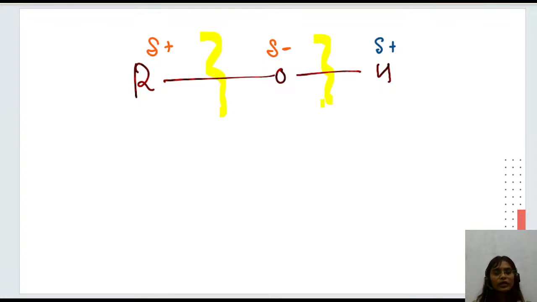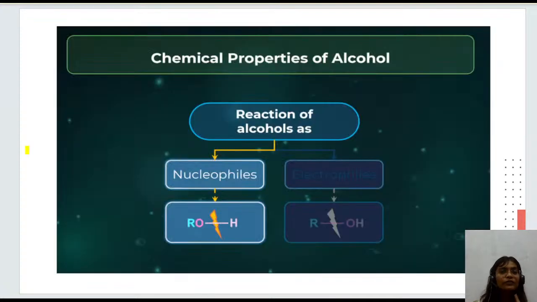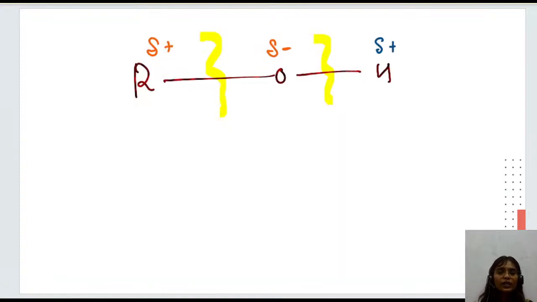So let's suppose in this comparison, we are first going to compare the breaking of the R and H bond. Now my question to you: what is the first property you want to assign if I have to break this bond? The options are acidic character, basic character, neutral character.